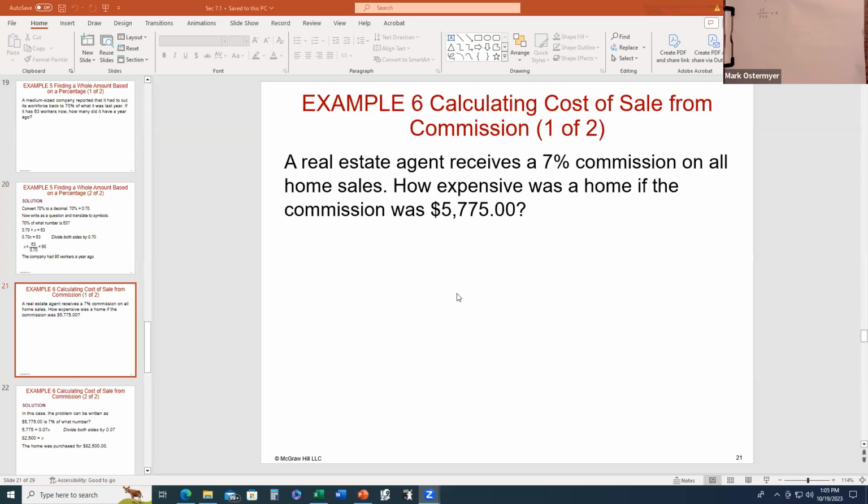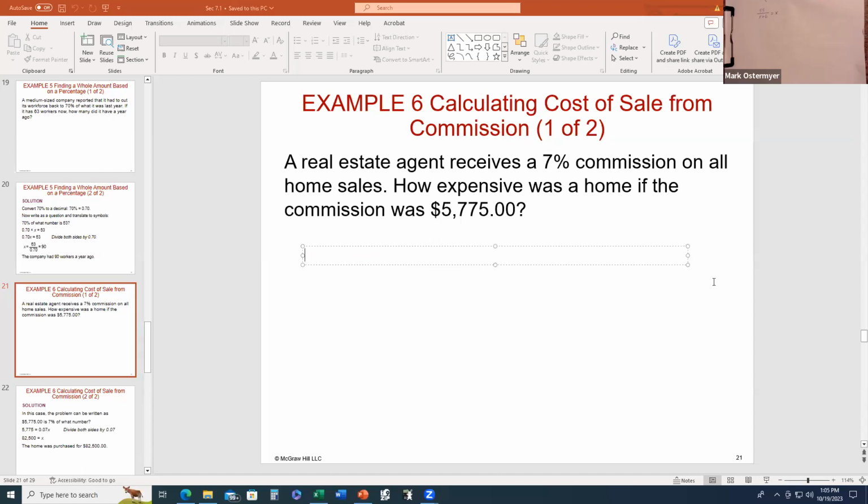Another example, a real estate agent receives a 7% commission on all home sales. How expensive was a home if the commission received was $5,775? All right. Commission, ladies and gentlemen, is popular in the real estate industry.